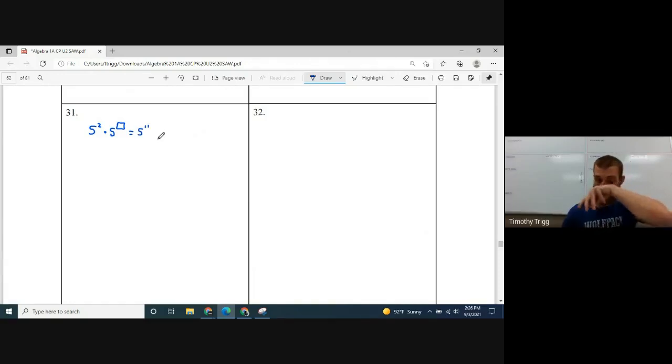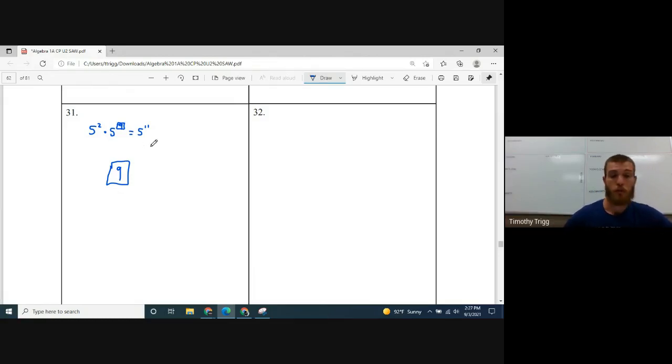So what they want you to see here is, kind of what we were talking about earlier, that we would add these powers together to get this, as long as they have the same base. So 2 plus what gives me 11? So what would have to go in this blank? Well, that would have to be a 9, wouldn't it? Right? 2 plus 9 is 11. So here we can just put 9. Okay. That's what would go in the blank there.